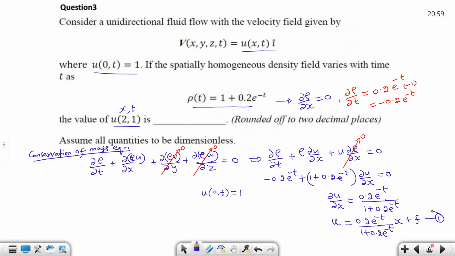Now we can find u(2, 1), x equal to 2, t equal to 1. Let's substitute that: 0.2 e power minus 1 over 1 plus e power minus 1, into 2, plus 1.